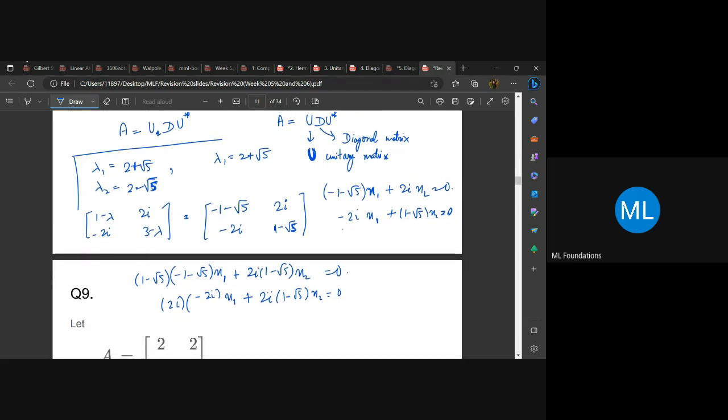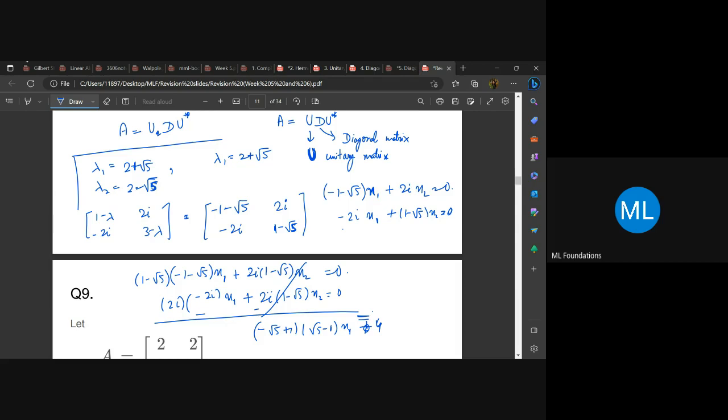So what do you get? This you can subtract, this is gone, and you have minus root 5 plus 1 minus root 5 minus 1 x1. This is minus 4i squared, which is plus 4, minus 4 equals 0, right?